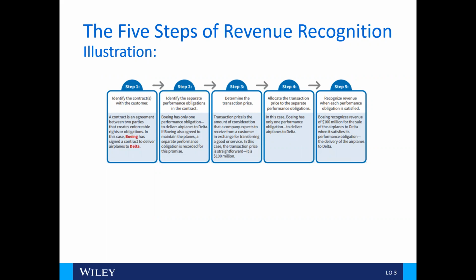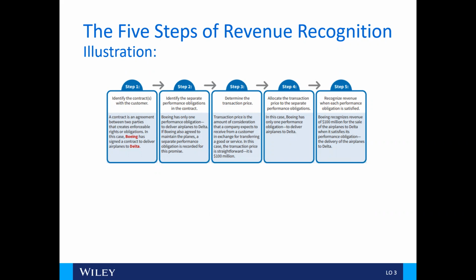Just you approaching the counter, just based on business norms, means that you probably want to buy something. So you approaching the counter and asking the barista for a cup of coffee is a contract. So right there, the contract has been identified. Now, for Boeing and Delta, they have a formal agreement. But the contract doesn't have to be in writing. It could be based on regular business norms.